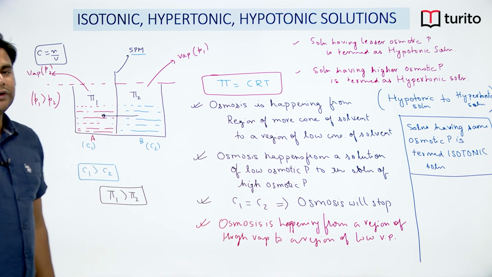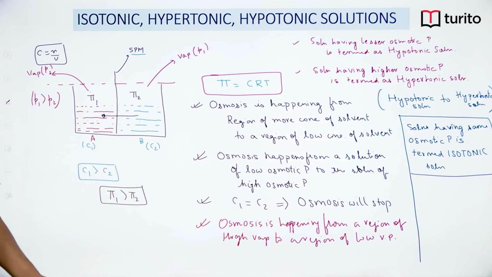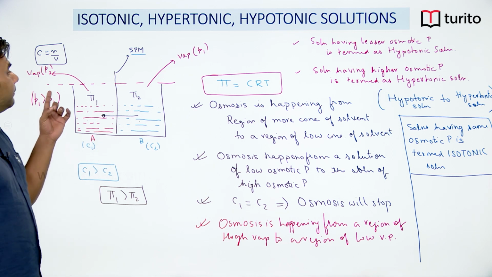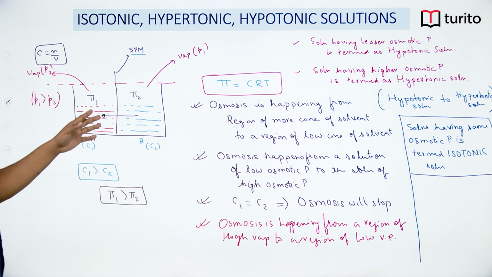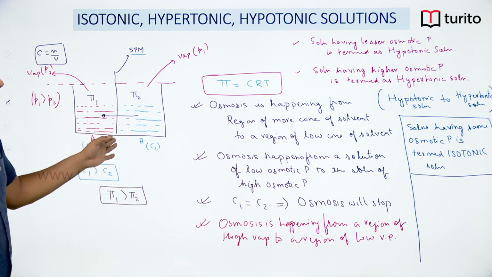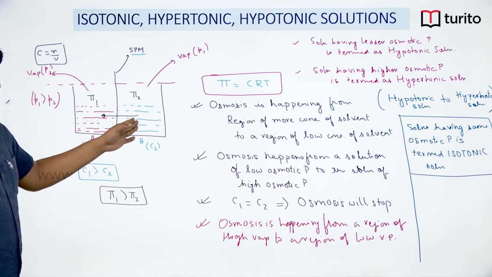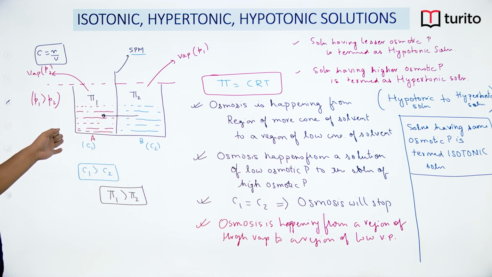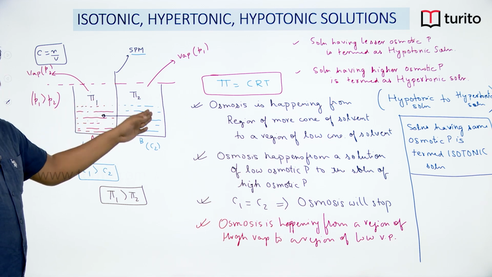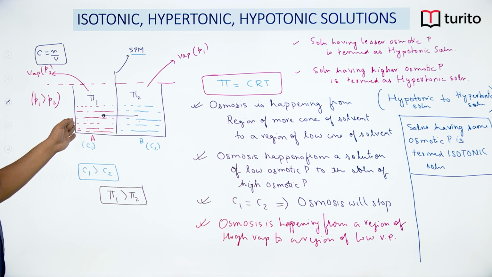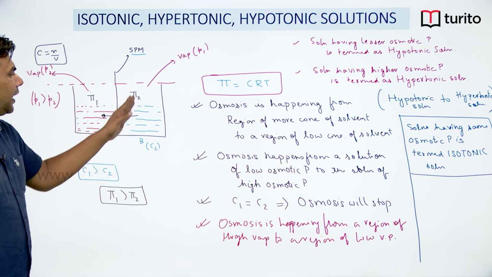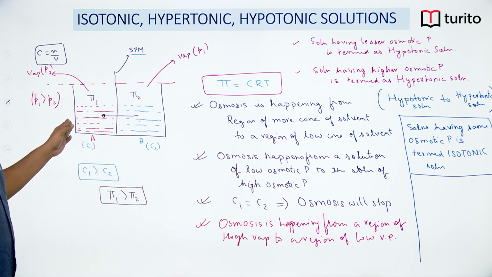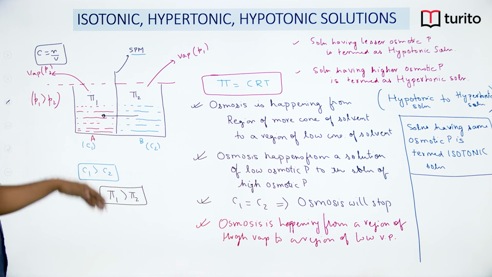When they become equal, we say that both the solutions have become isotonic. So we'll say that osmosis is happening from a region of high concentration of solvent to a region of low concentration of solvent, or from a hypotonic to a hypertonic side, or from a region having higher vapor pressure to a region having lower vapor pressure. Okay, so I hope this is clear to you.